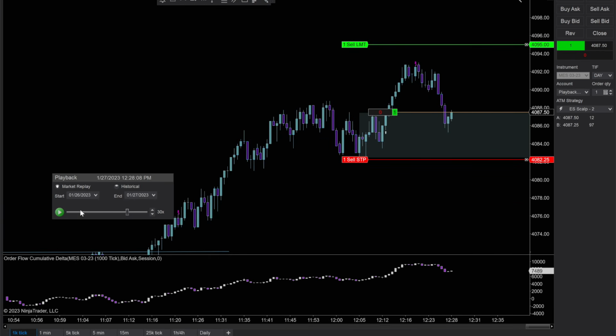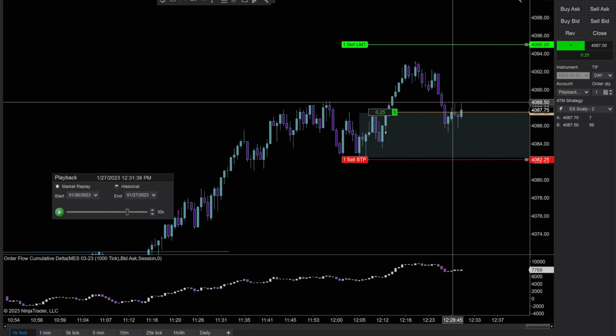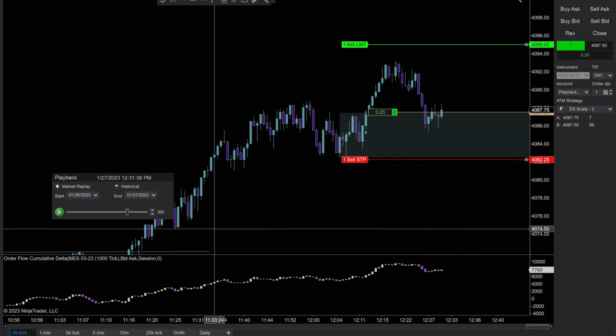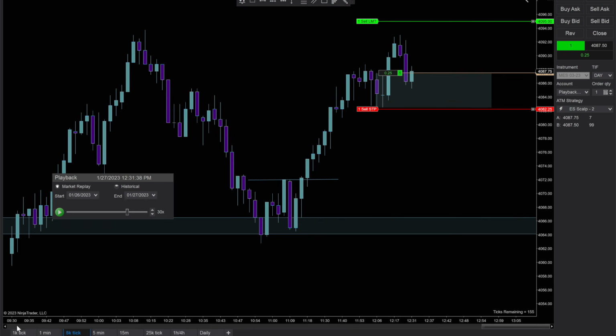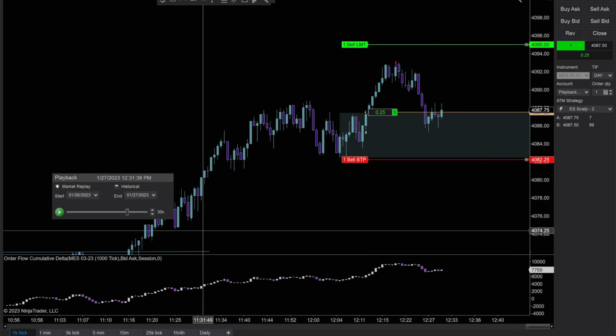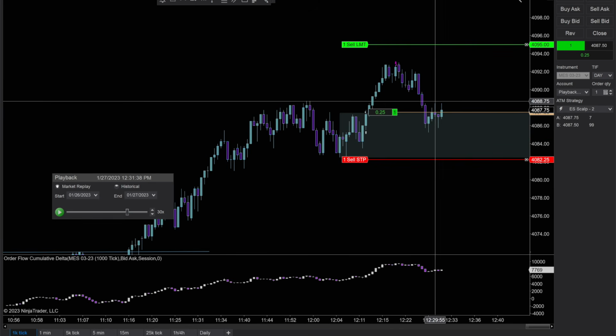What do we do? We wait for a break of structure on the 1K tick. Let's see what we get. Now, again, maybe I take that. I don't know if I do, personally. That's a very aggressive entry, very aggressive.